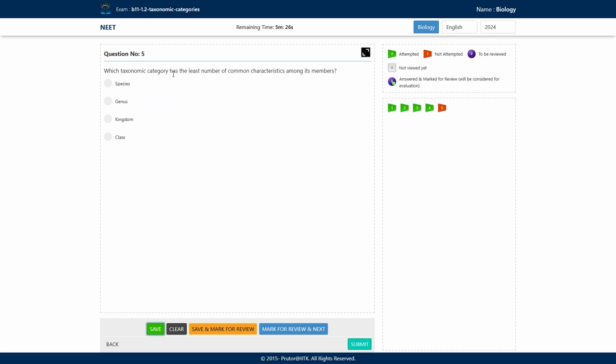Now, which taxonomic category has the least number of common characteristics among the members? They are asking which taxon has the least number of common characters.